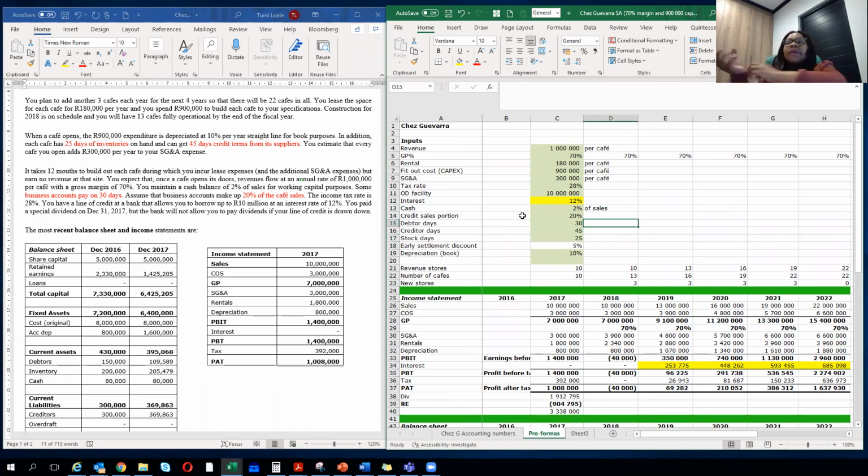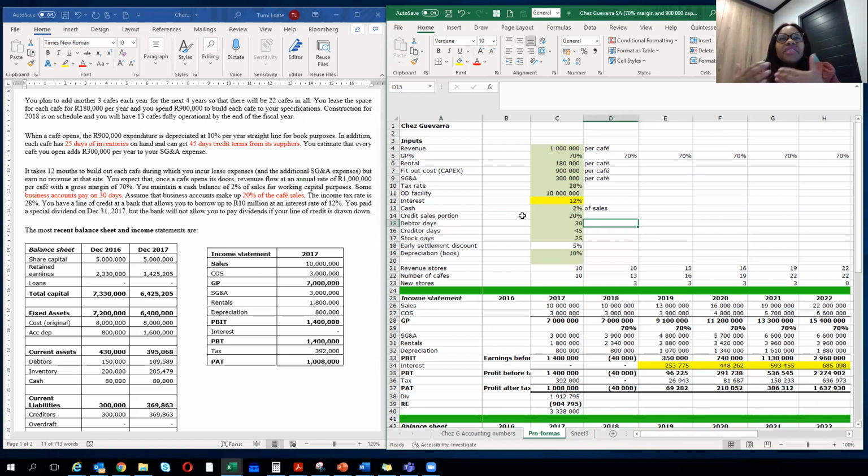Okay, where do we typically get our debtors days from? Okay, so if it says our credit sales portion is 20% of what? Okay, when people actually come and take stuff from your cafe and purchase from your cafe, these debtors, they are actually purchasing and giving you a portion of your revenue. So what debtors typically do, your debtors balance usually is pulling from a revenue balance but it represents the credit portion of that revenue that you've earned.